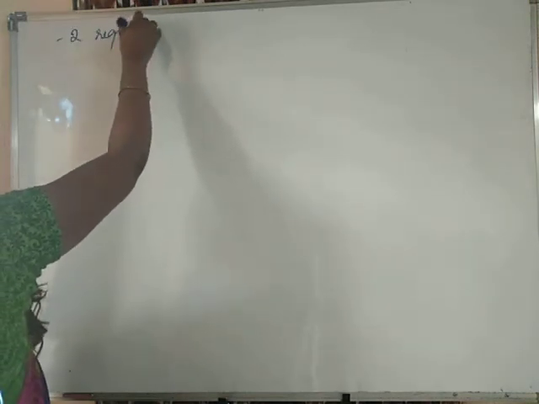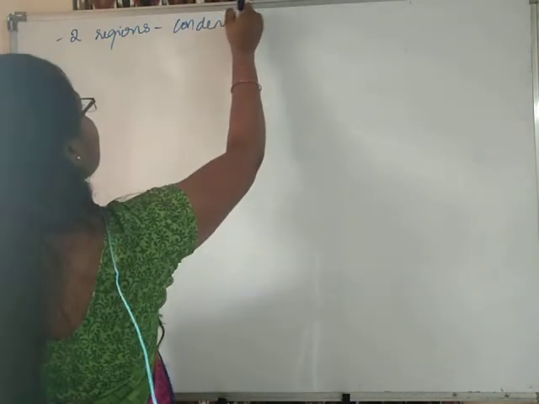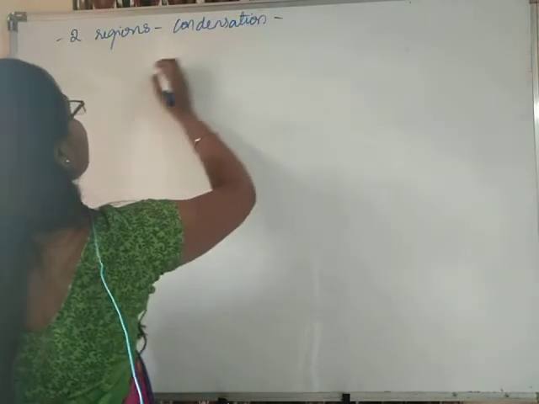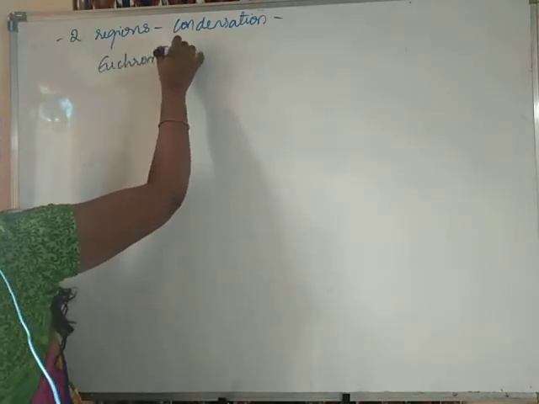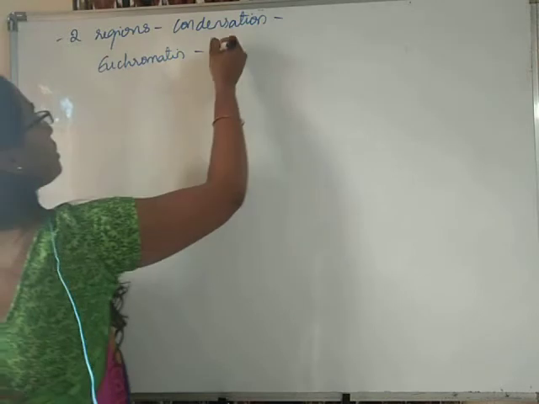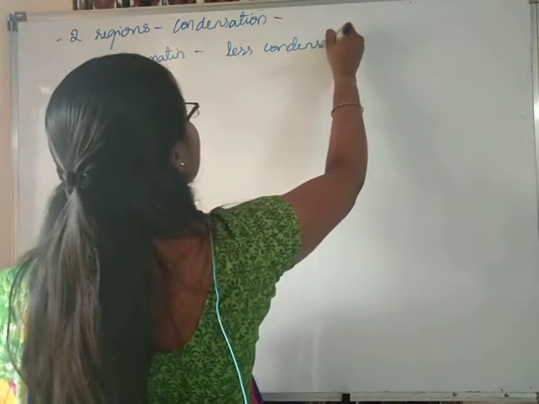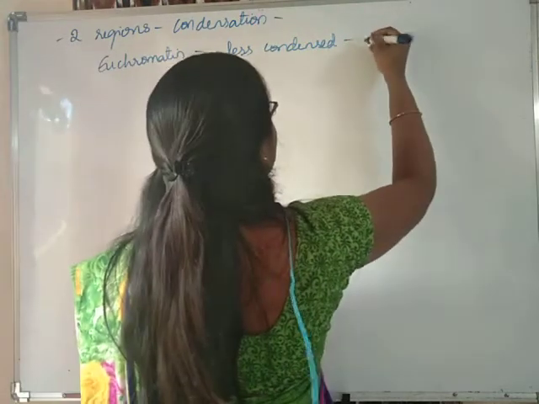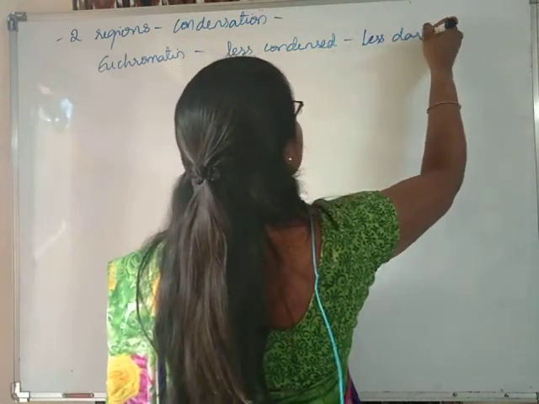Students, you know DNA consists of two regions based on condensation. Euchromatin is a slightly less condensed region, which appears less dark during staining.